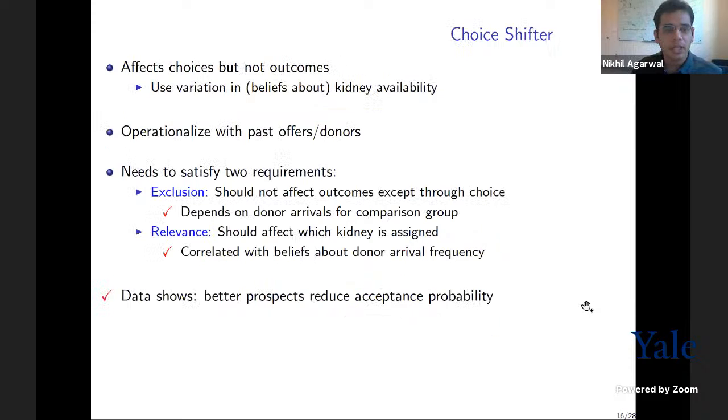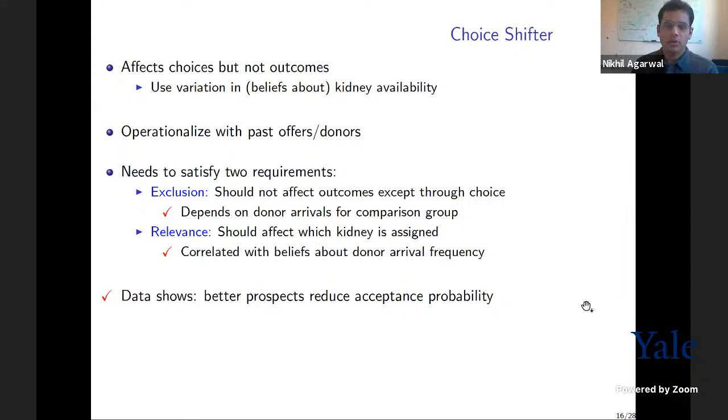Okay. So here's where our second instrument comes in, which is a choice shifter. This is going to be something that is to affect the choices that people make, but not the outcome given the transplant that they get. Okay. And we're going to use variation in beliefs about kidney availability in order to think of this choice shifter.